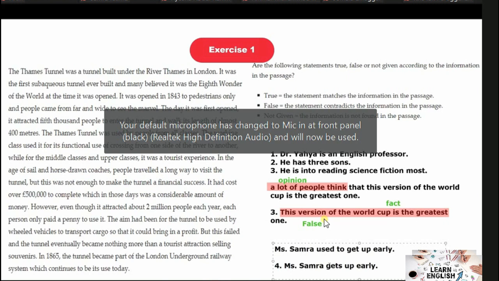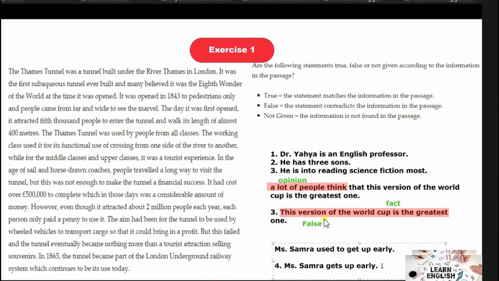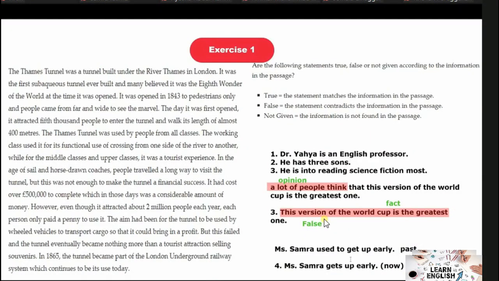So Miss Summer gets up early means now. So it's her current habit. But when I say she used to get up early, I'm talking about the past. Okay, clear? So are the two sentences the same? No, they are not the same. So in this case, they are considered false. Got it?